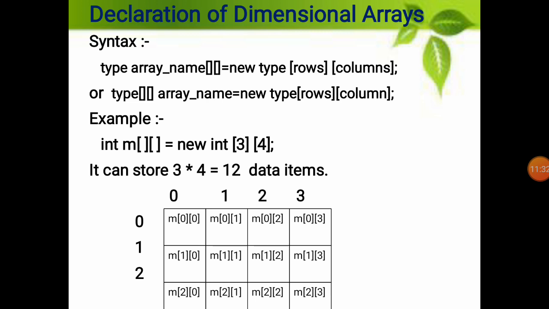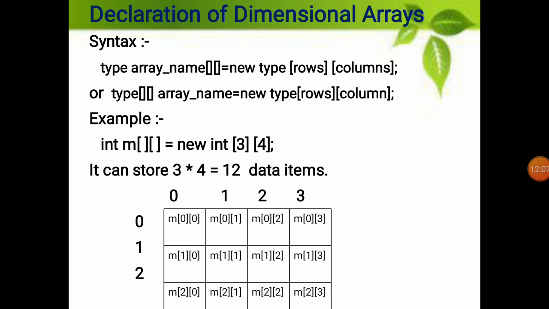Or another way, we write type, then two square brackets, then array name is equal to new type, then rows and then columns, where type is the data type of the array having name array name, rows is the first index and columns is the second index. So rows, the first index, refers to the number of rows in the array, and columns, the second index, refers to the number of columns in the array.